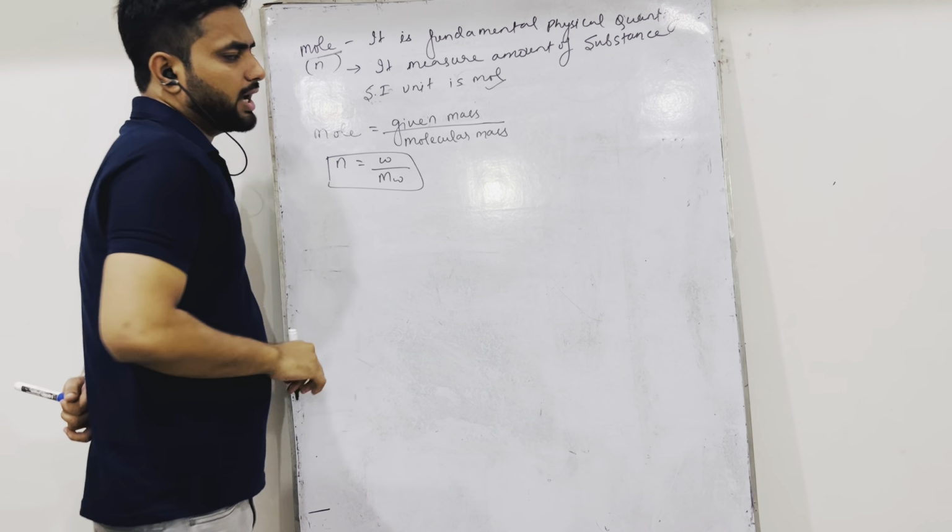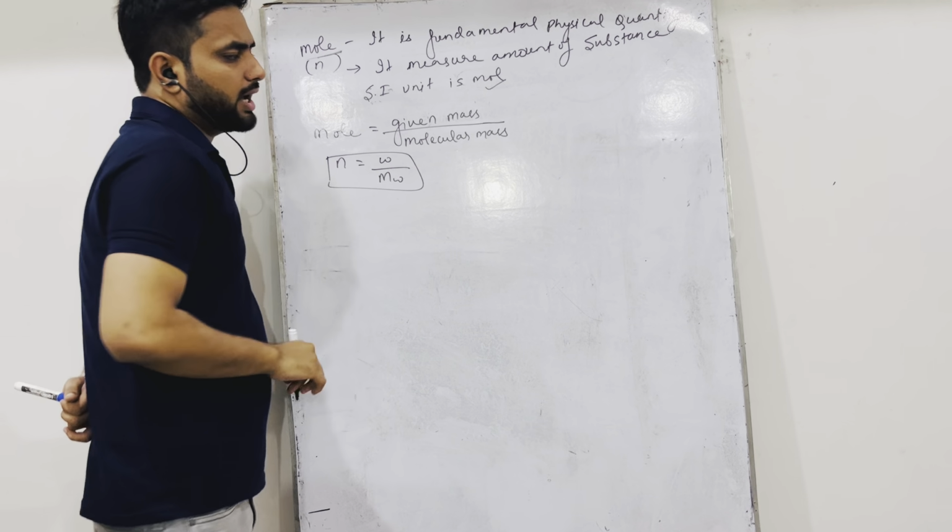Mass number is exactly the number of protons and neutrons, and atomic mass is compared with 1/12th the mass of a C-12 atom. These are the differences we have to learn before mole.